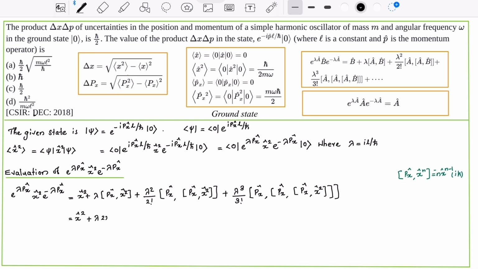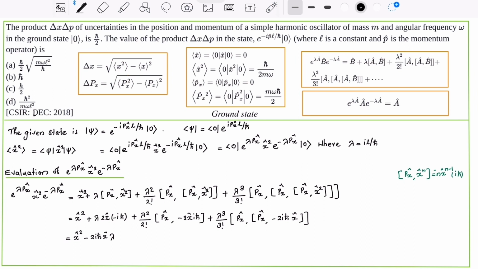And this is equal to x² plus λ(2x)(-iħ) plus λ²/2! [px, -2xiħ] plus λ³/3! the commutator of px and -2iħx. Here we have used the relation: the commutator of px and xⁿ is -n xⁿ⁻¹ iħ.